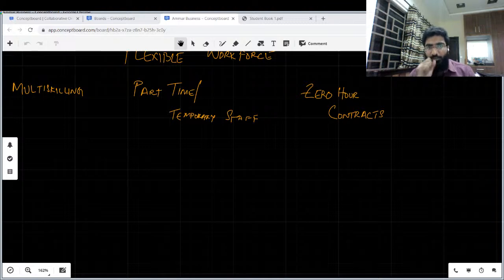The problem with multi-skilling is, first of all, as your employees gain more and more skills, in turn they'll demand more remuneration as well. The other thing is that multi-skilling comes at the cost of specialization.